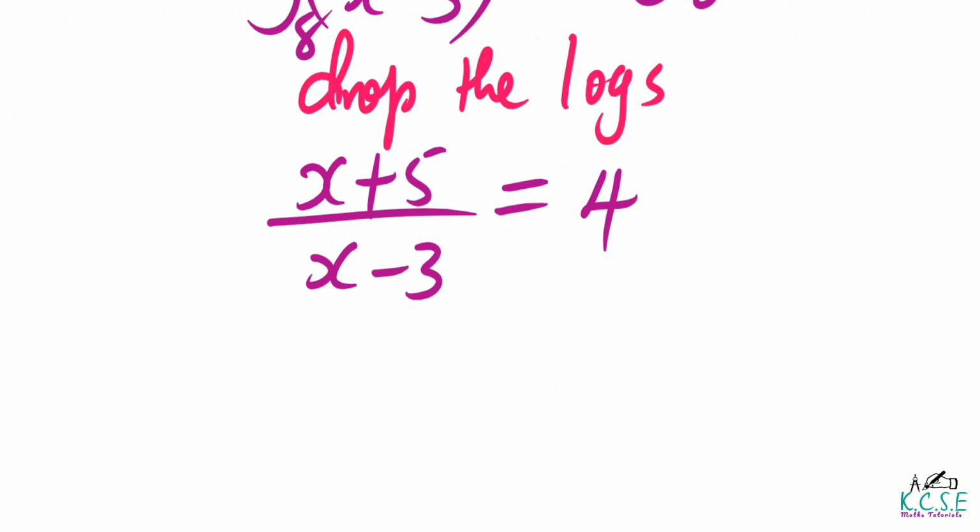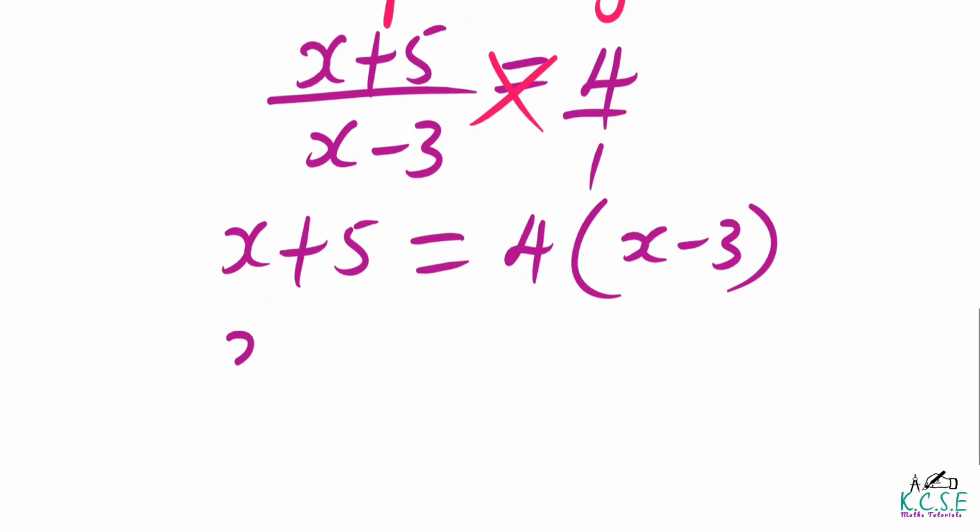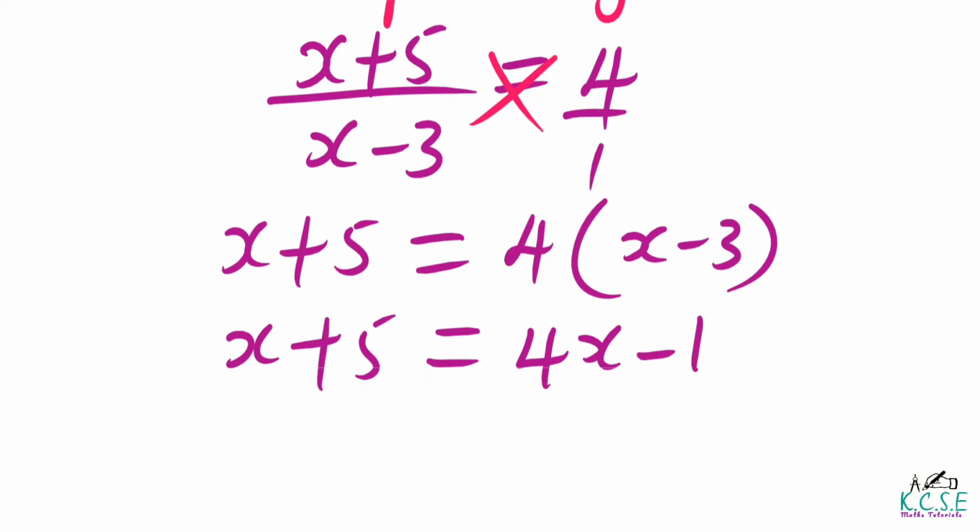To solve this, we can put 4 over 1, then we cross multiply. So x plus 5 times 1, which is x plus 5, is equal to 4 multiplied by x minus 3, and this gives x plus 5 is equal to 4x minus 12.